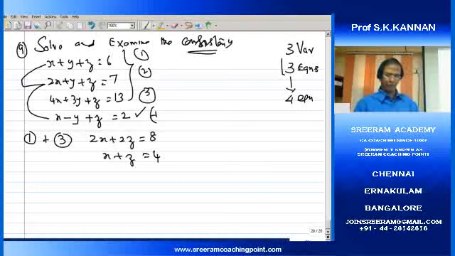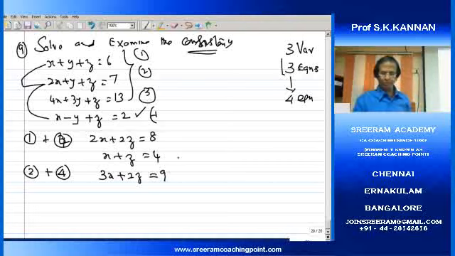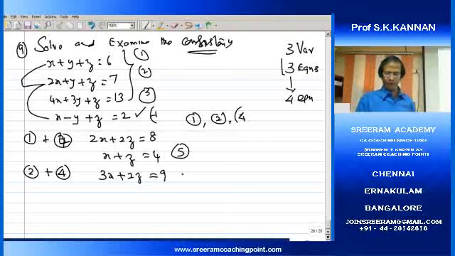Now second and fourth add. 3x plus 2z equal to 9. We are solving equations 1, 2, 4. Call the first result the 5th equation. This one is the 6th.